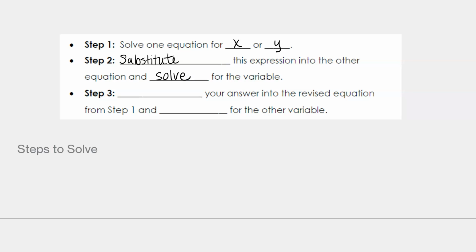Step 3, now you substitute what you got for that one into the revised equation from step 1, and then solve for the other variable. All right, it sounds kind of confusing, but once you see it in action, you'll understand.